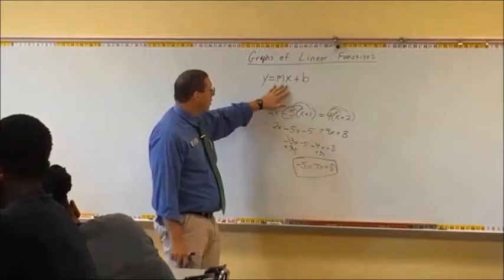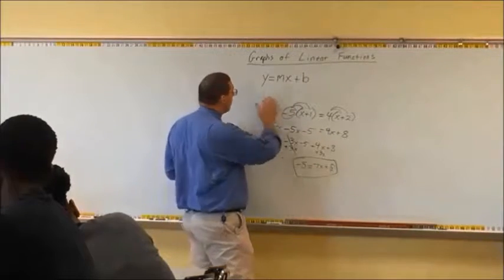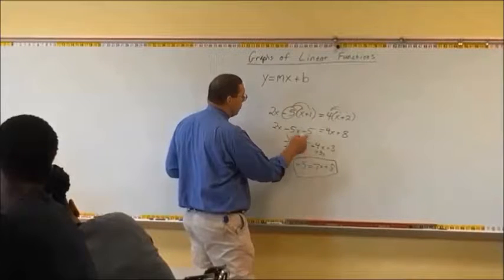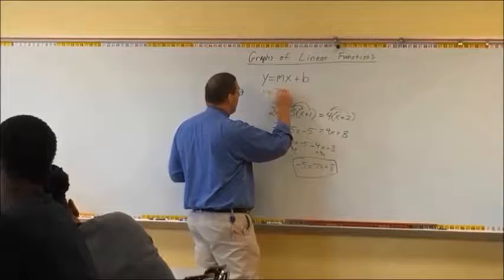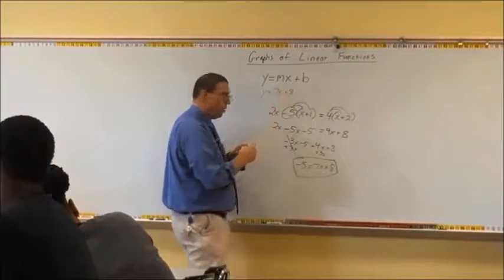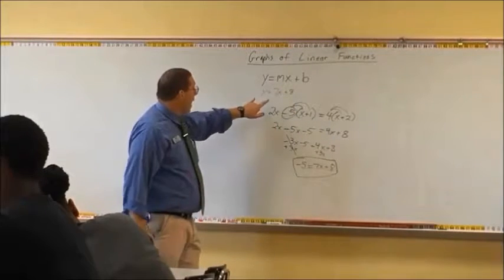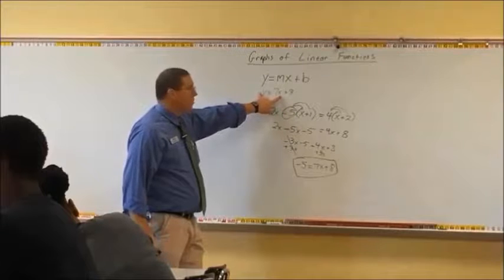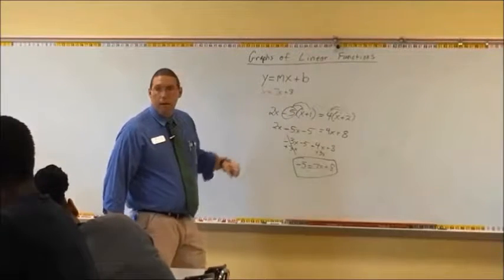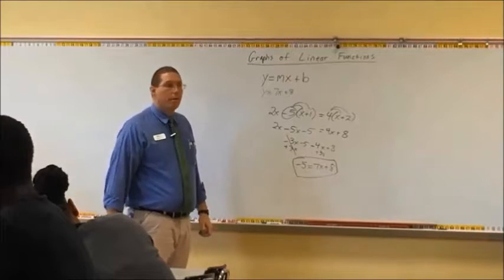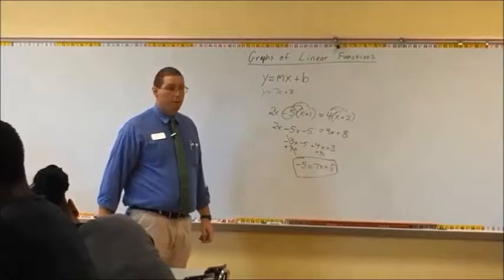But up here, if I choose numbers for this, what if I rewrote this with the 7 and the 8? What if I wrote it as y equals 7x plus 8? Now, how many possible combinations of x and y are there? How many possibilities? Multiple. That's a good start.